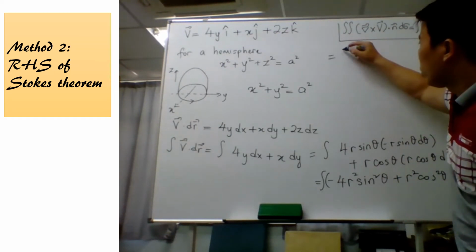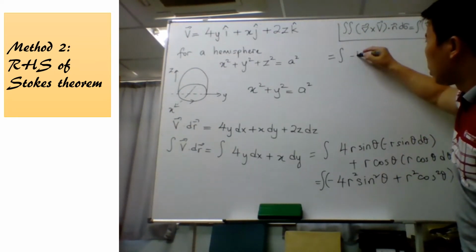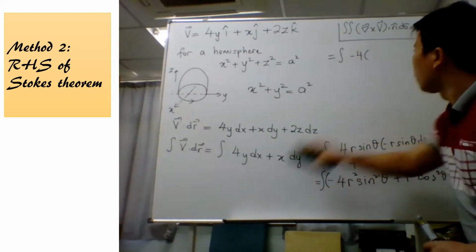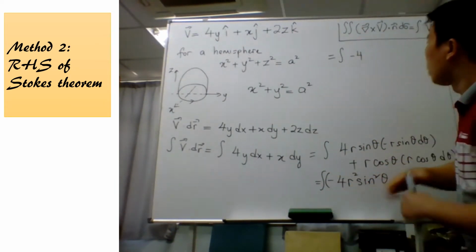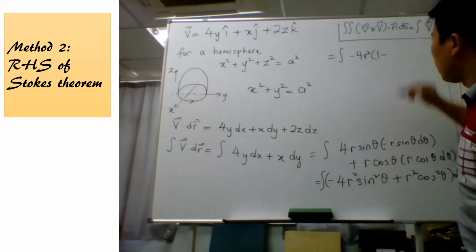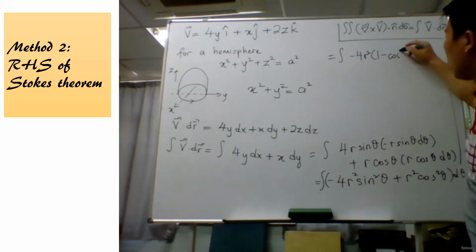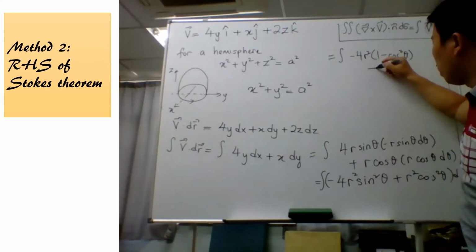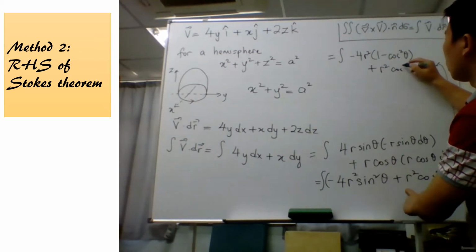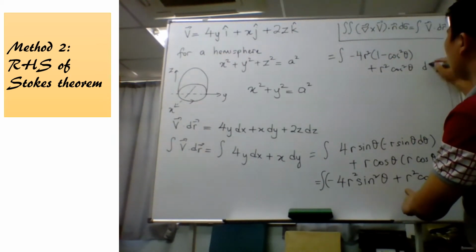So this is going to be minus 4r squared, 1 minus cos squared theta, and this is going to be plus r squared cos squared theta d theta.